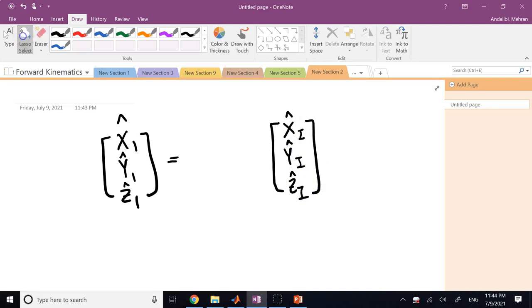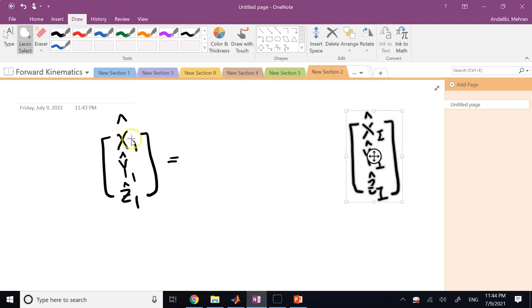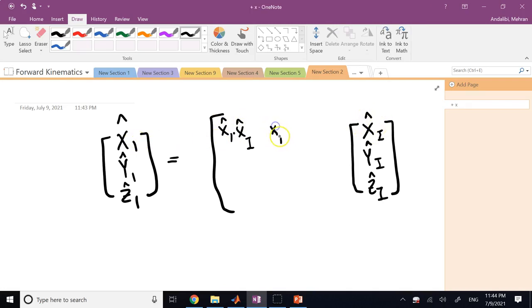And the answer is sure, you can. You just need to know each one of these axis ones is how many of the i's. So what you really need is like this. x1 dot xi, that's the component of x1 along xi, and then x1 dot yi, and then what? x1 dot zi.